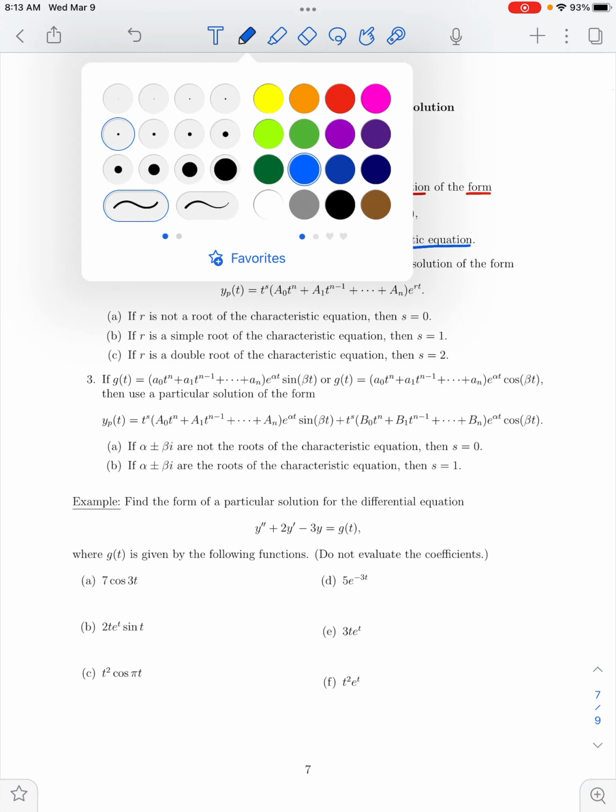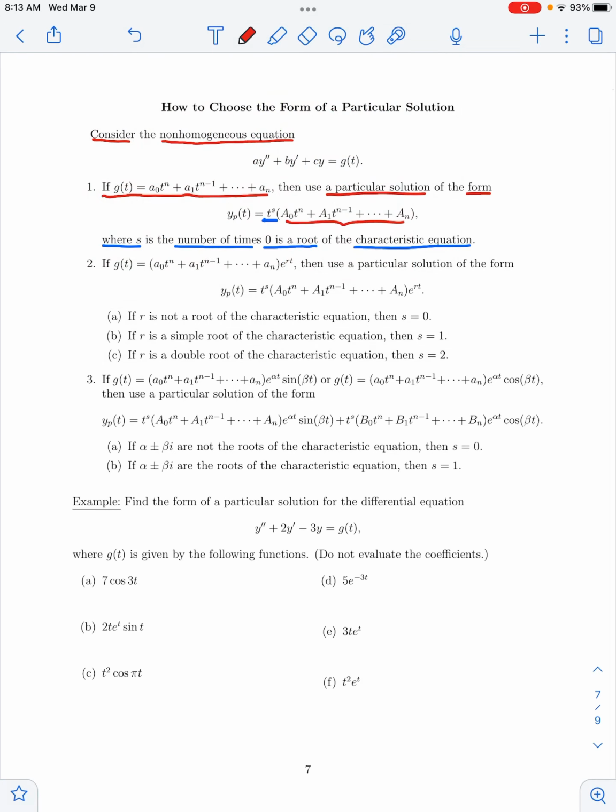Now, the next case that we had considered in our examples was if g of t is some nth degree polynomial times an exponential, e to the rt. In which case we would look for a particular solution of the form some nth degree polynomial times the same exponential, e to the rt.